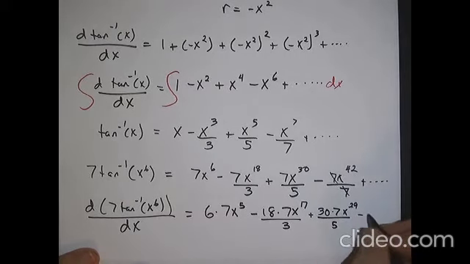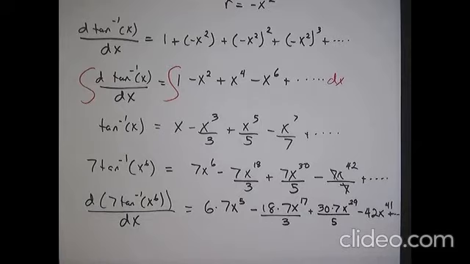So that would make that minus 42x to the 41, and then of course that would keep going. Okay, so that's the derivative term by term.